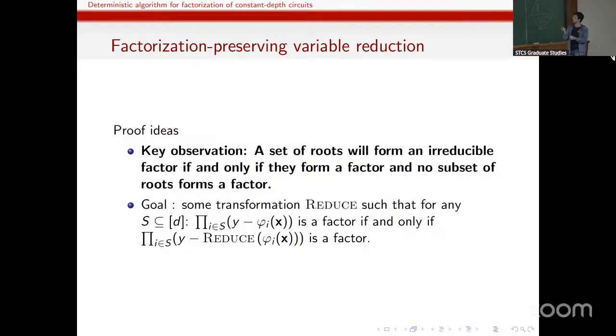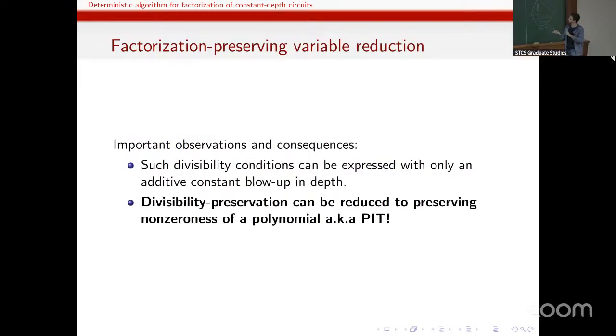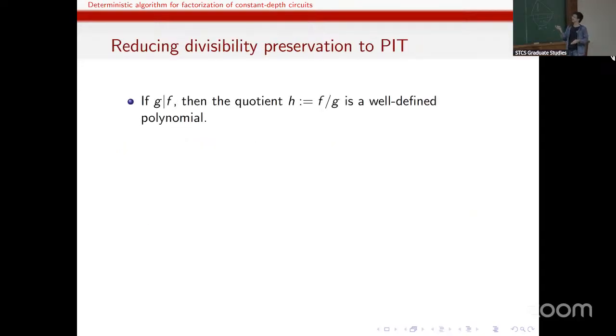That's the first step. And the second step is that you can capture divisibility conditions using non-zeroness preservation conditions, in some sense, PIT conditions. So there are two steps of reduction. You can go from irreducibility to divisibility, which I skipped. And then you can go from divisibility to PIT, which I will also skip, but I did have slides for it.